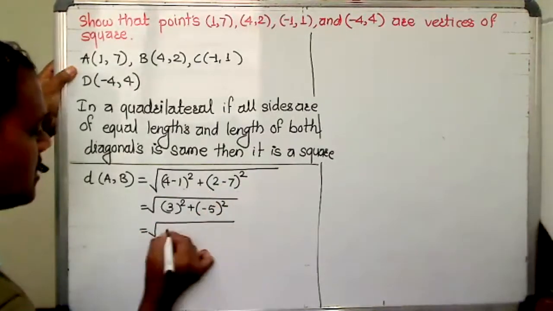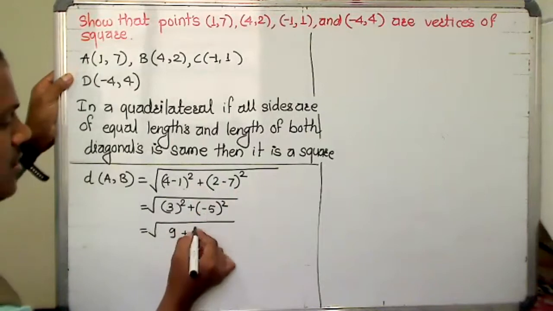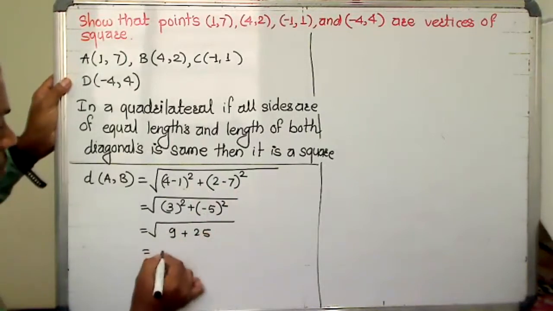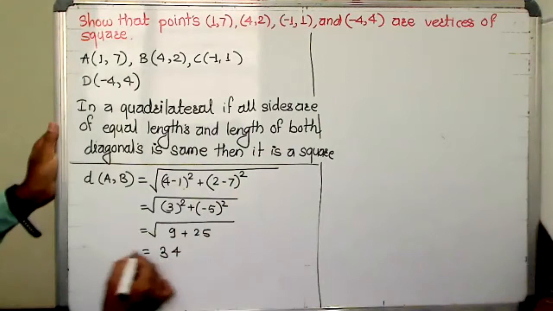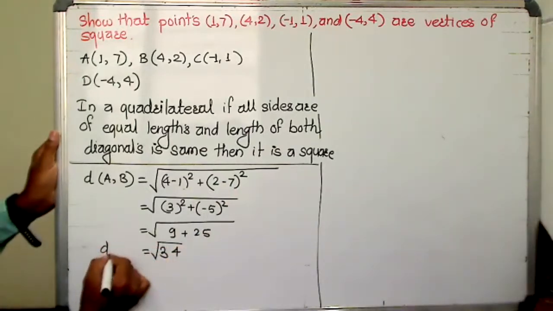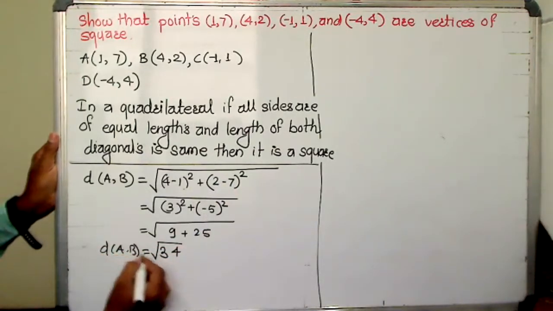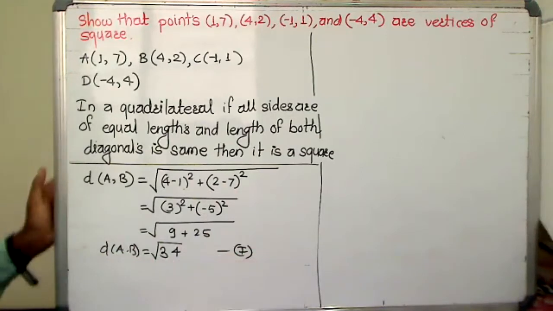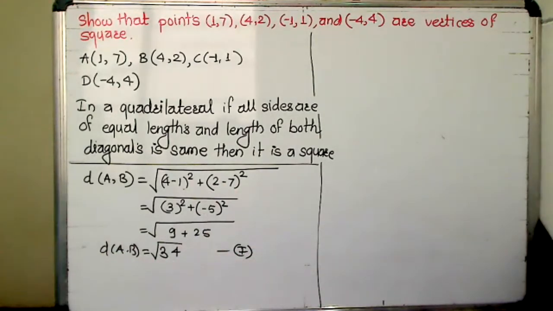So 3 squared is 9 plus (-5) squared is 25. The sum is 34, root 34. So distance AB is root 34. I am naming this as equation number 1.